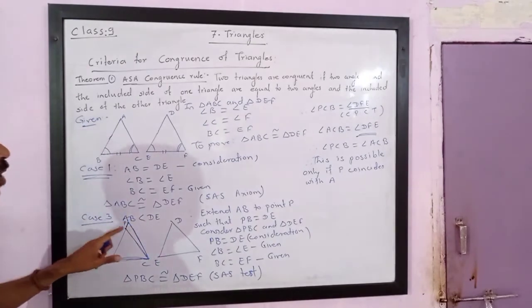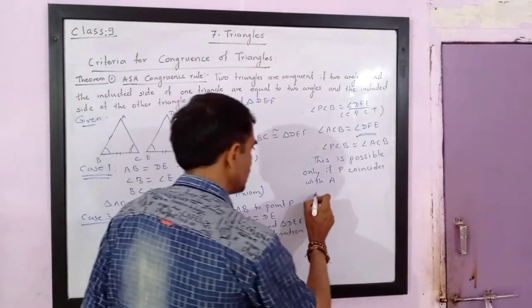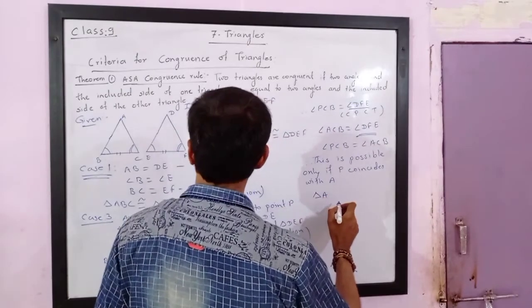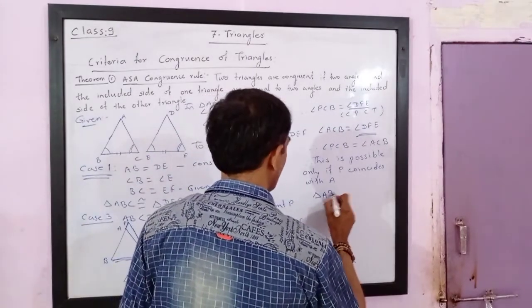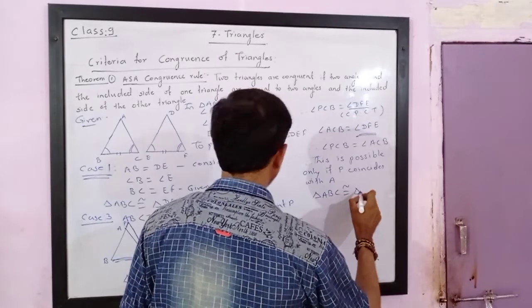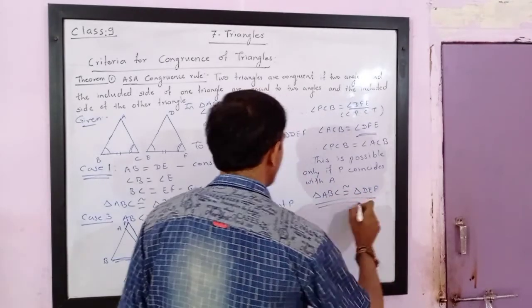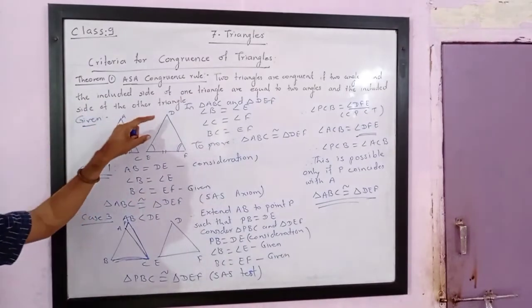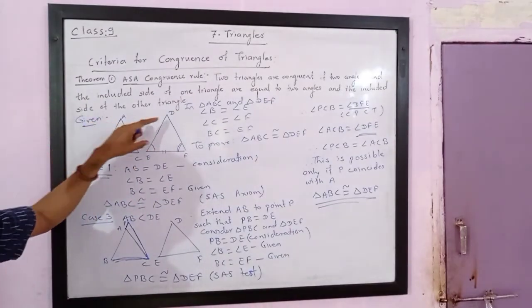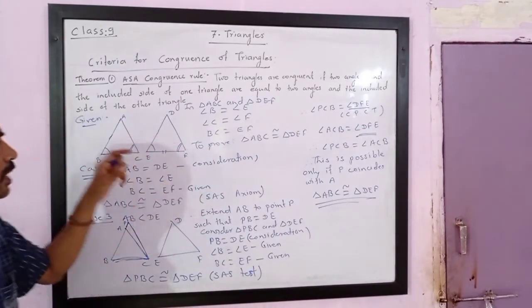And if they are one point, it means triangle ABC is congruent to triangle DEF. So, whether AB is less than DE, we have proved the case. If AB is greater than DE, we have proved that it is not possible.